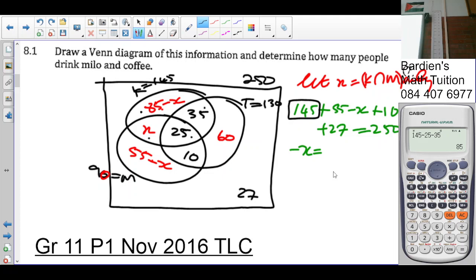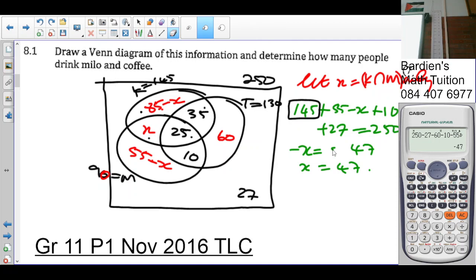Once you simplify, you also come to 145. But if you don't see it like that, you just do the long way. So it's 250 minus 27 minus 60 minus 10 minus 55 minus 145. That gives you negative 47. So x works out to be 47.